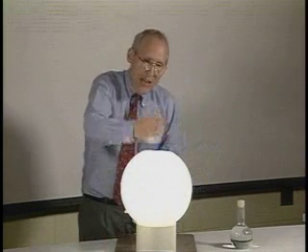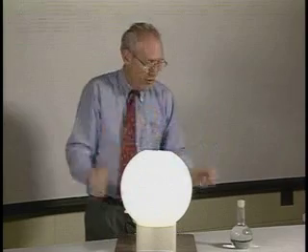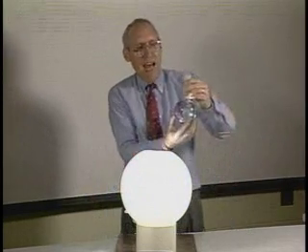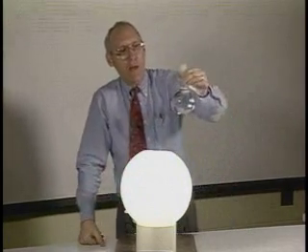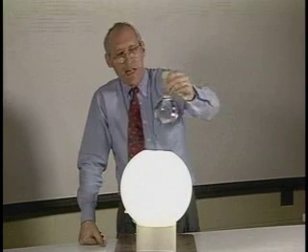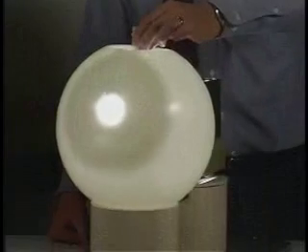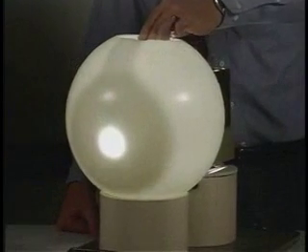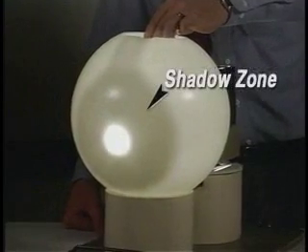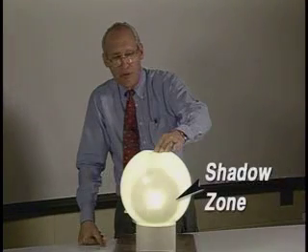If we put down into the interior of the Earth this flask filled with water, we'll see appear on the opposite side, facing you, a shadow zone. A shadow zone.